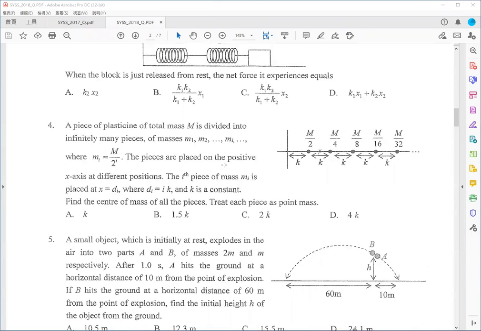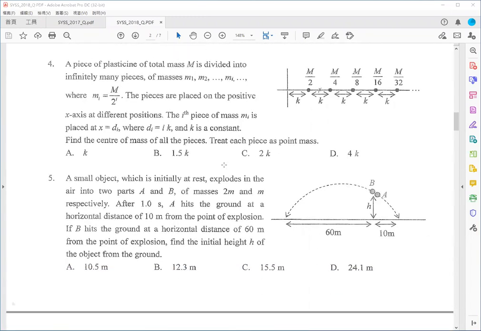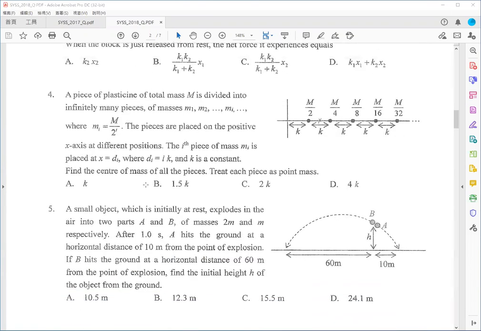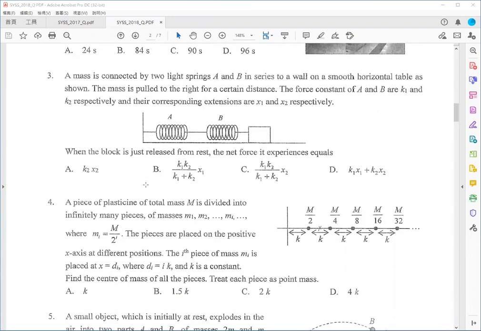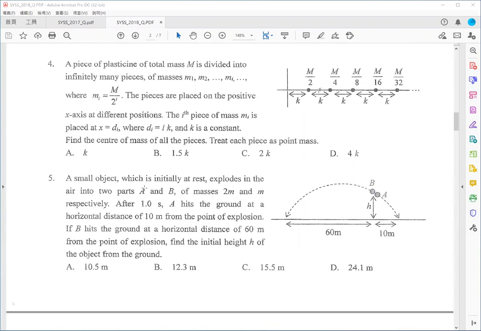Okay, let's have a look at question 4. So this question asks you to find the center of mass. Yeah, it's really tough, this one is a bit really tough. Question 4.